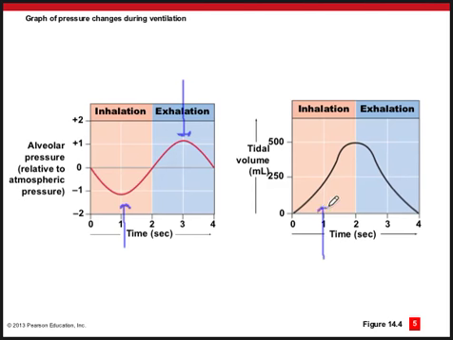There's 1 second. This is the same breathing cycle, and there's 3 seconds. And what do we see at the 1 second interval? We see the volume of air in the alveoli going up, which makes sense because the alveolar pressure is dropping at this point.